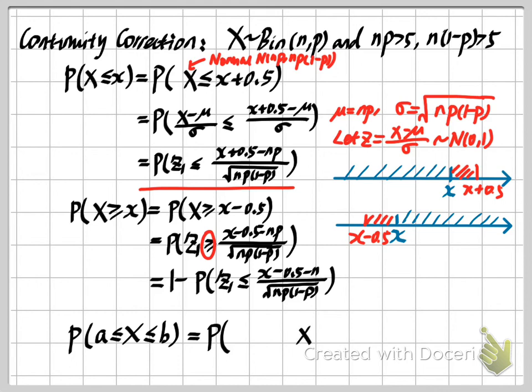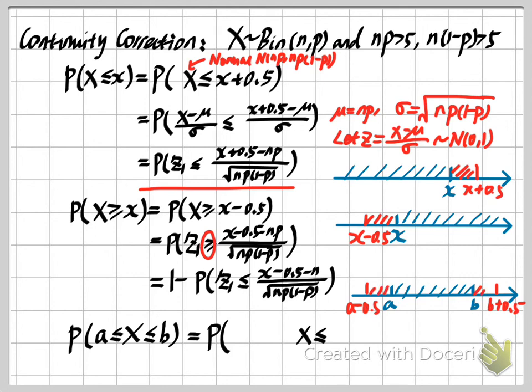That means the right endpoint moves further right and the left endpoint moves further left. In the graph you can see a and b, and we want them to become here a and here b. So this means a minus 0.5 and b plus 0.5.